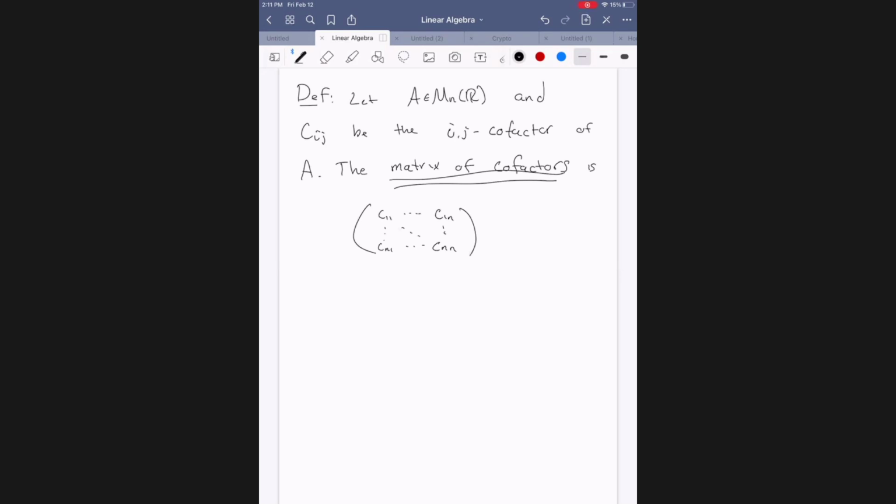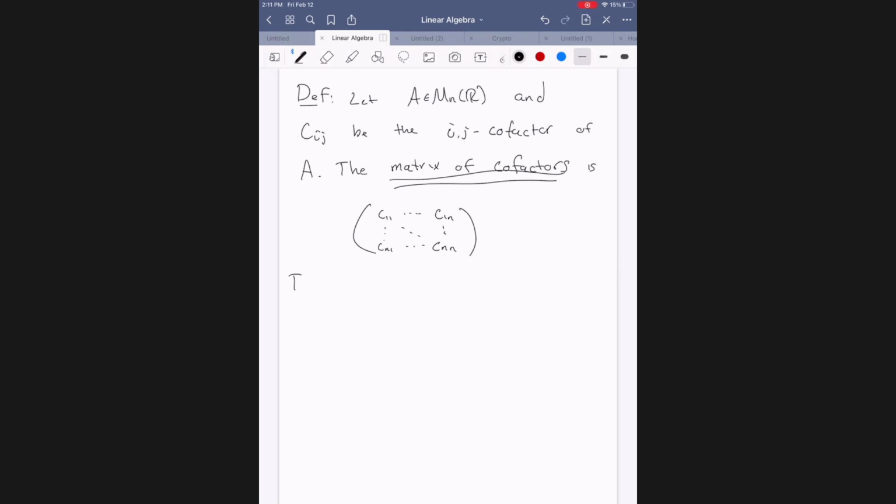Okay, so this is called the matrix of cofactors. Remember how we used them? We used them to find the determinant, right? We added them together and got a number at the end. But instead, now we just take those numbers and plug them into a matrix, and that's what we call the matrix of cofactors.